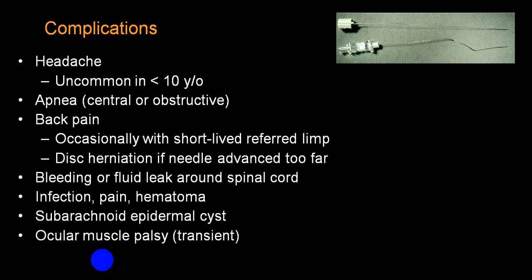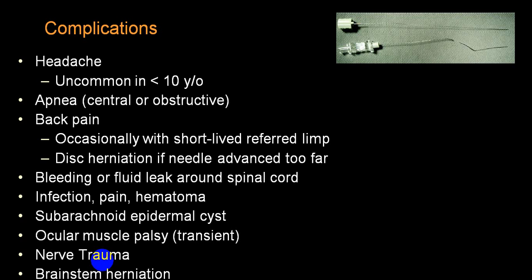Transient ocular muscle palsy can happen. You can create a trauma if the needle is not pushed properly. You can damage the spinal nerve roots, and very rare, but can happen if a person has severe raised intracranial pressure and you perform a lumbar puncture, because it is an absolute contraindication if the person has got herniation.